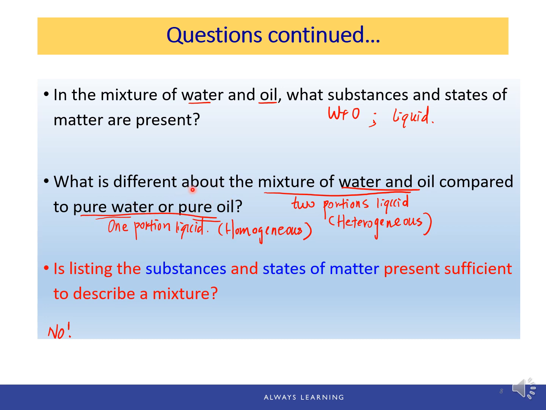With just saying liquid and water plus oil, we cannot actually visualize what the mixture looks like. It doesn't give you that boundary, right? So we need a way to predict what the mixture actually looks like. Clearly we need some terms that can describe a mixture more accurately. So the terms we will use are component and phase.